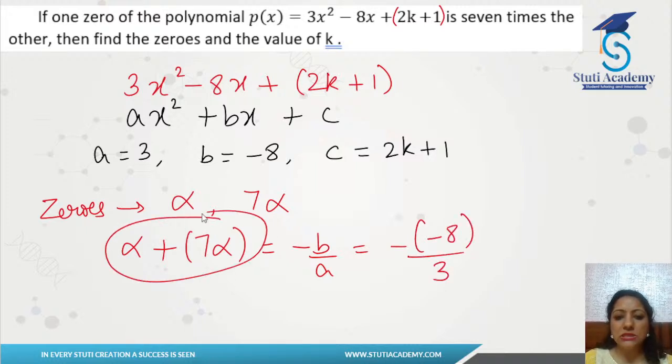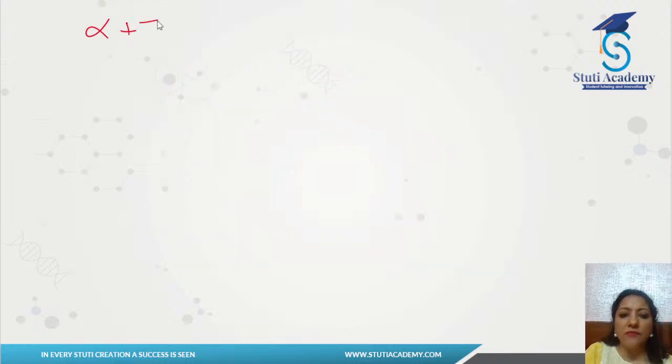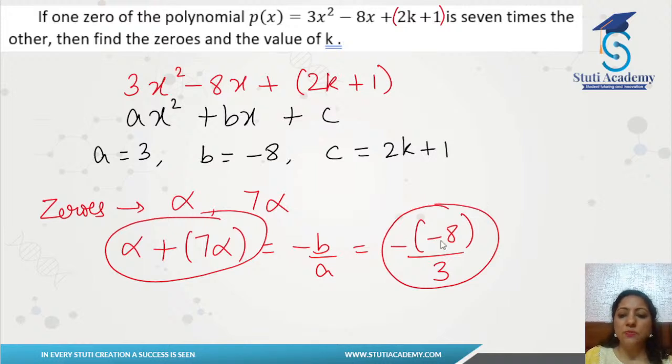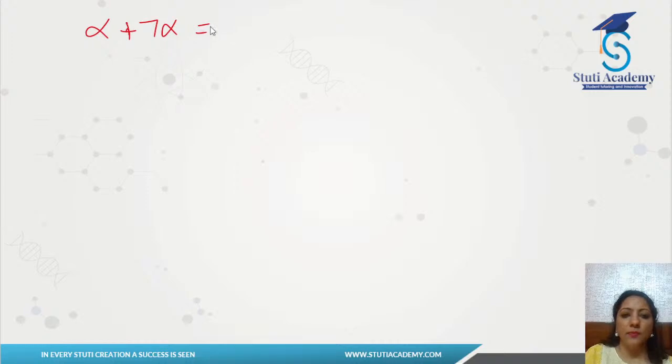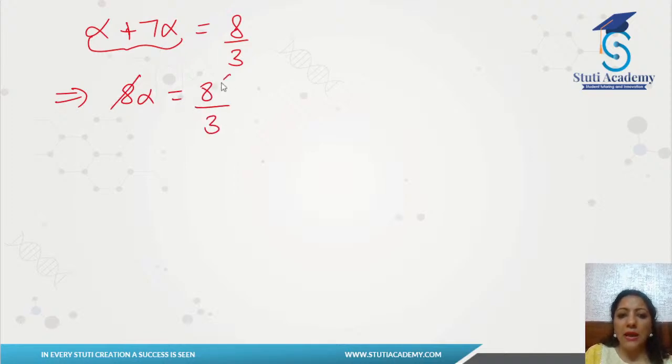So we can write alpha plus 7 alpha is equal to 8 by 3. Combining these, we get 8 alpha equal to 8 by 3. 8 and 8 get cancelled, so alpha is equal to 1 by 3.